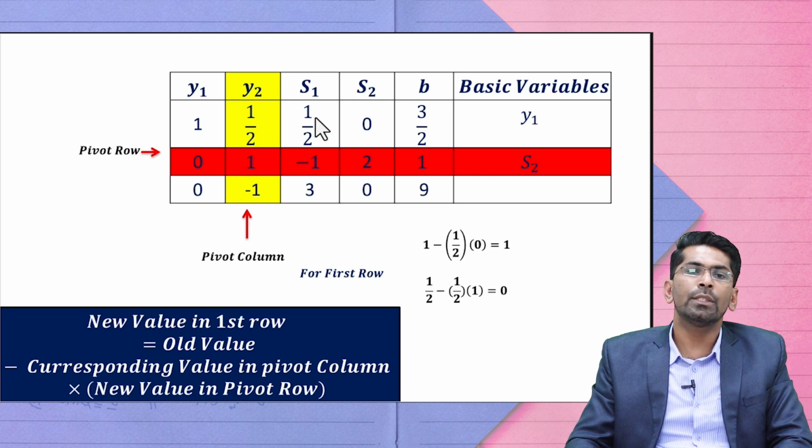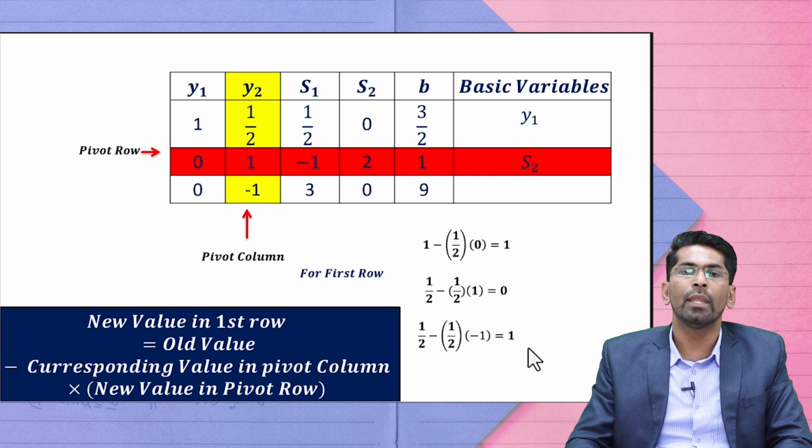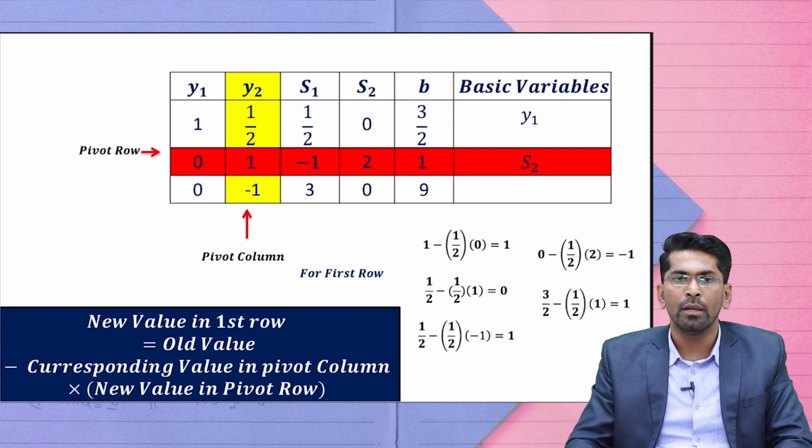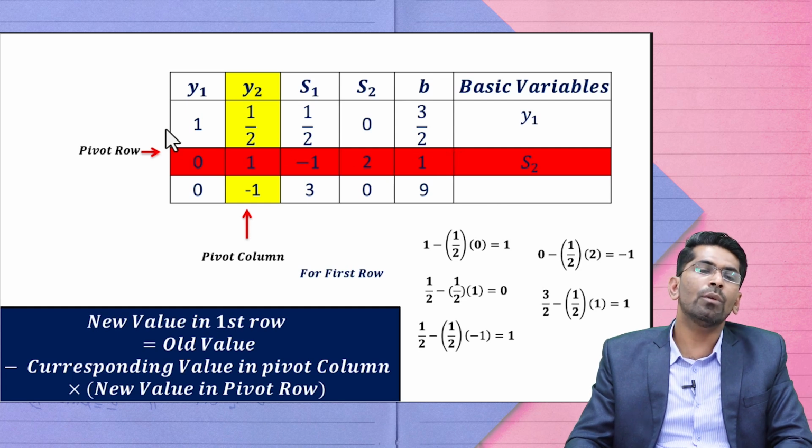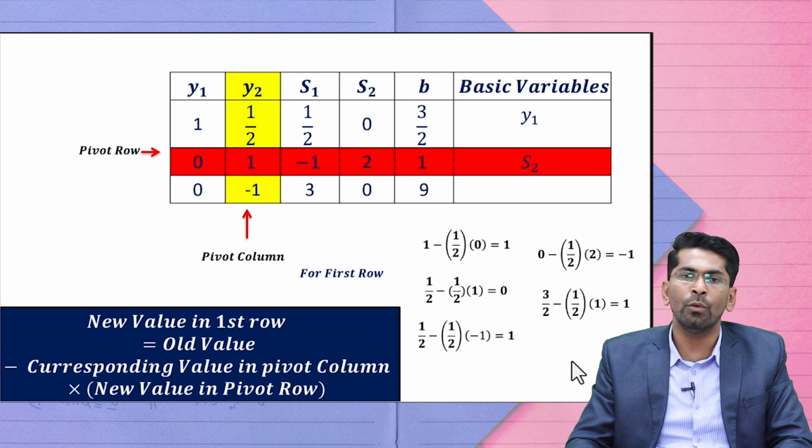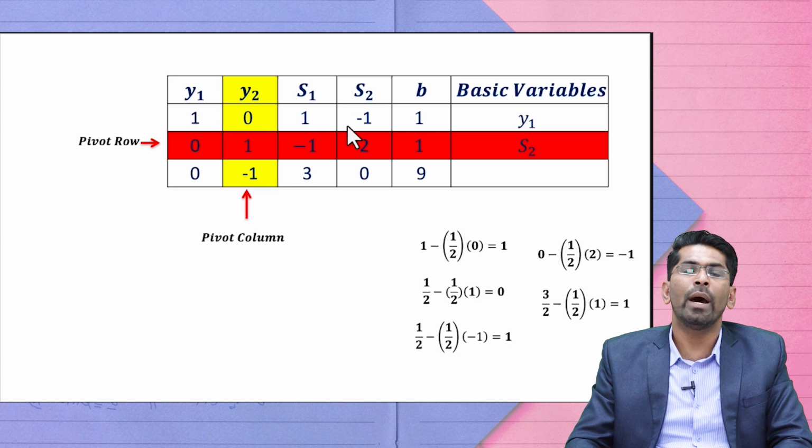Then the third one, 1 by 2 minus 1 by 2 into minus 1, which is equal to 1. Then 0 minus 1 by 2 into 2, which is equal to minus 1. Then 3 by 2 minus 1 by 2 into 1, which is equal to 1. So now the old values of the first row we replace with the calculated new values. So the first row will become 1, 0, 1, minus 1, 1.